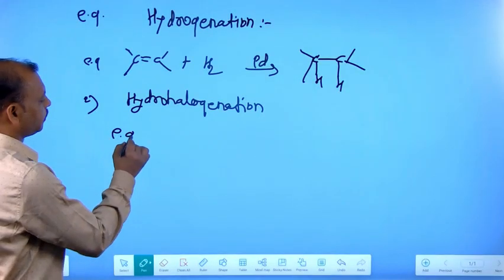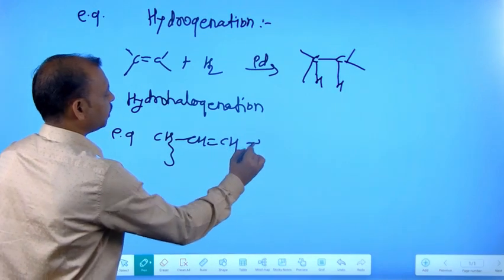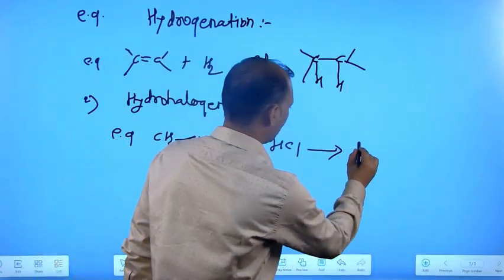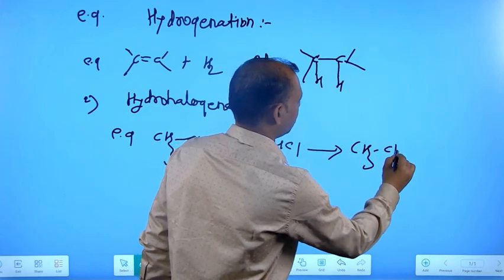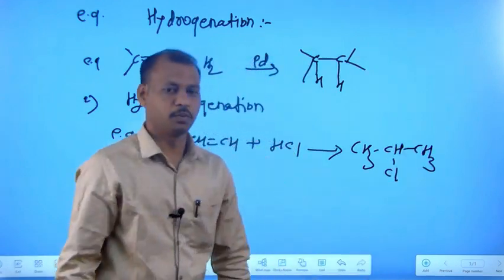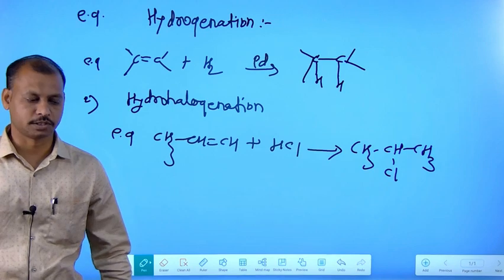For example, CH3 CH double bond CH2 plus HCl. Here we get addition of hydrogen and chlorine across the carbon-carbon double bond. Therefore, such reactions are known as hydrohalogenation reactions.